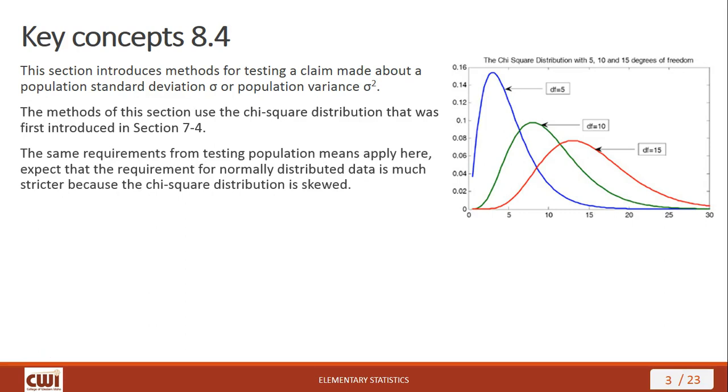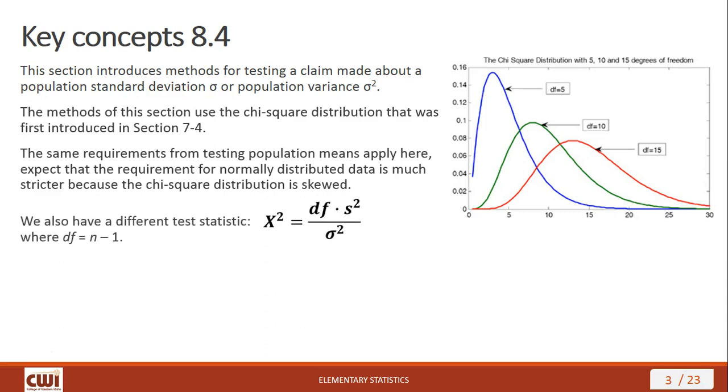The same requirements we saw there are going to apply here. There is, however, one notable exception. The requirement that we have normally distributed data is going to be much more strictly insisted upon because the chi-square distribution is a skewed distribution.